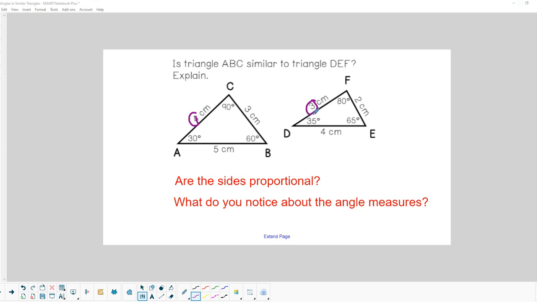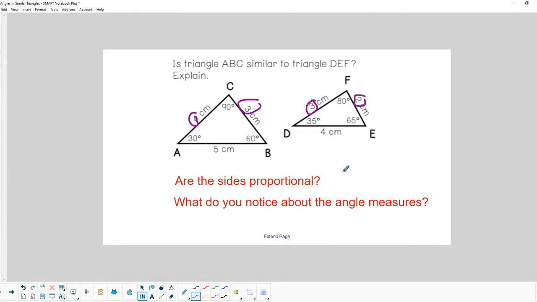Well, let's restate that. The triangle on the left is 1 1/3 times bigger than the triangle on the right. Well, let's try these other two sides. We're going to do 3 divided by 2. Well, in that case, that is 1.5 times bigger than that.